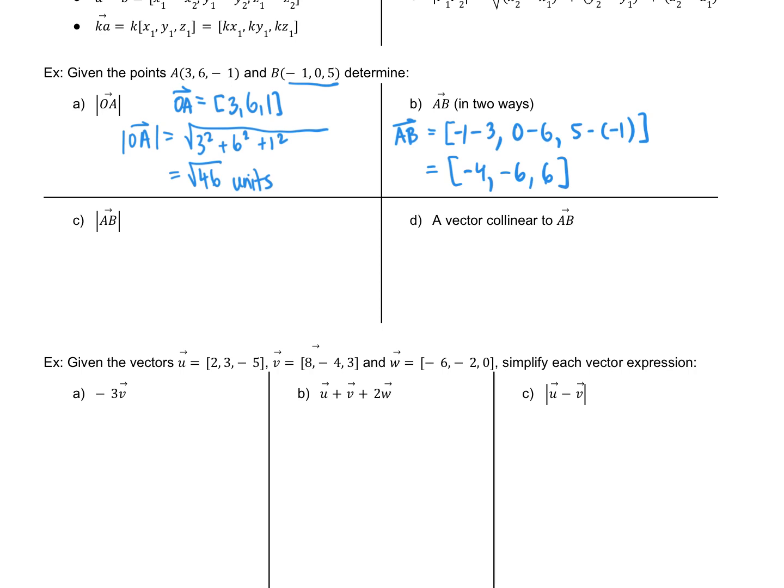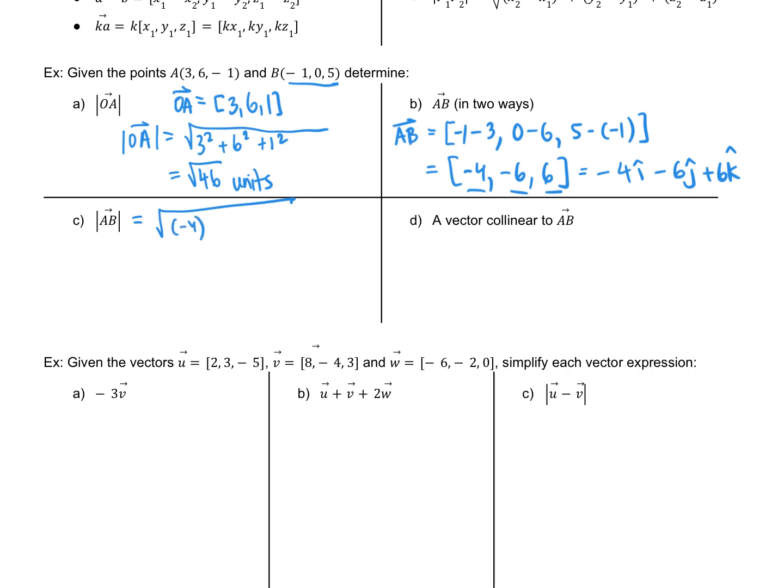So there's one way using our components, but we can also use our unit vectors. So -4 times vector i, -6 times vector j, +6 times vector k. And now let's find the magnitude of vector AB. So I'm going to take the square root of these components that I just solved for.